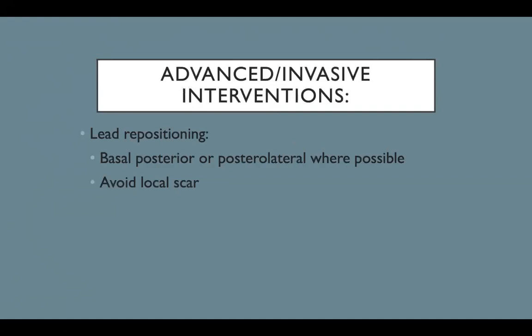So the first advanced or invasive intervention could be lead repositioning, and that would be to just determine an optimal location, usually in the posterior or posterolateral circulation of the coronary sinus. We ideally want to avoid local scar, which can be evaluated by looking at the initial pacing activation locally and other methods such as cardiac MRI.